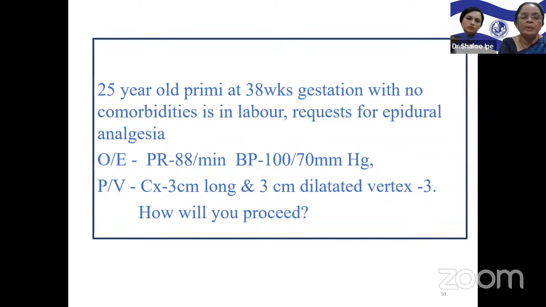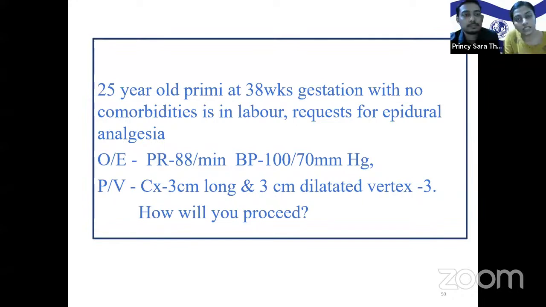Pulse rate is 88 per minute, BP is 100/70. PV finding shows cervix 3 centimeters long and 3 centimeters dilated, vertex at -3 station. How are you going to proceed with epidural analgesia?